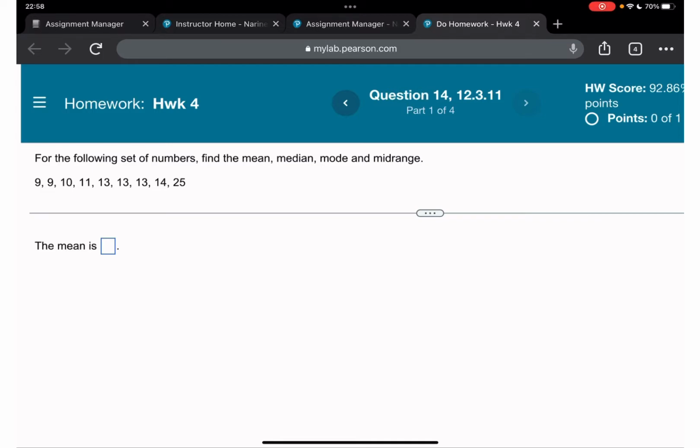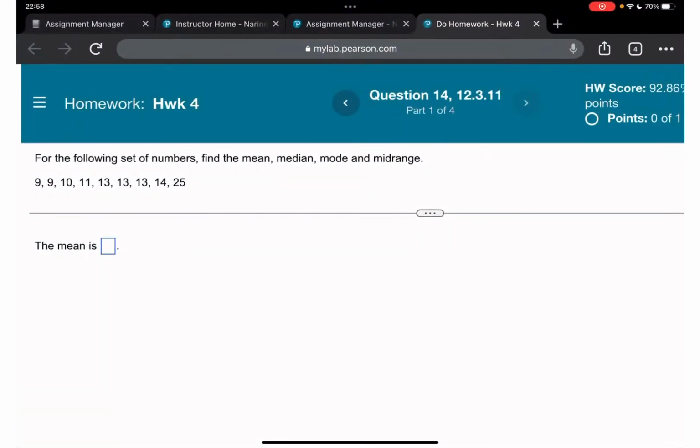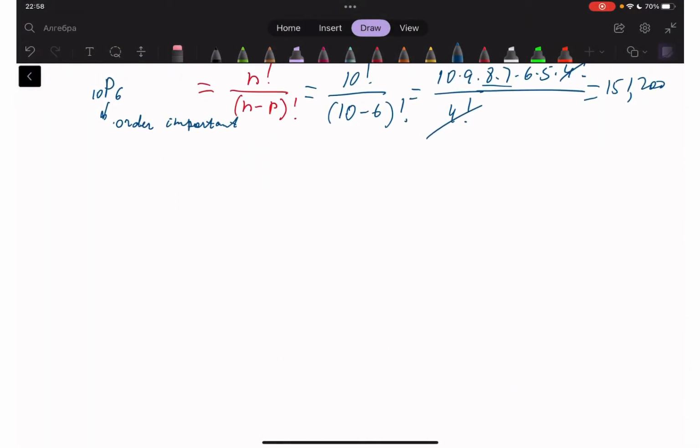So let me take a picture of it, so I can write down the numbers and we get going. So what do we have here? 9, 9, 10, 11, 13, 13, 13, 14, 25.